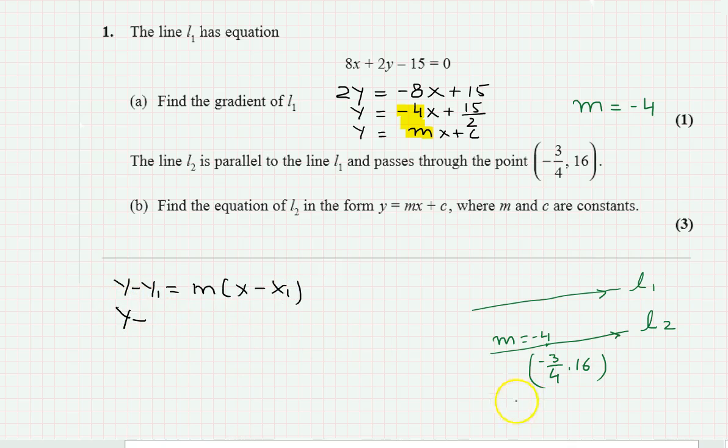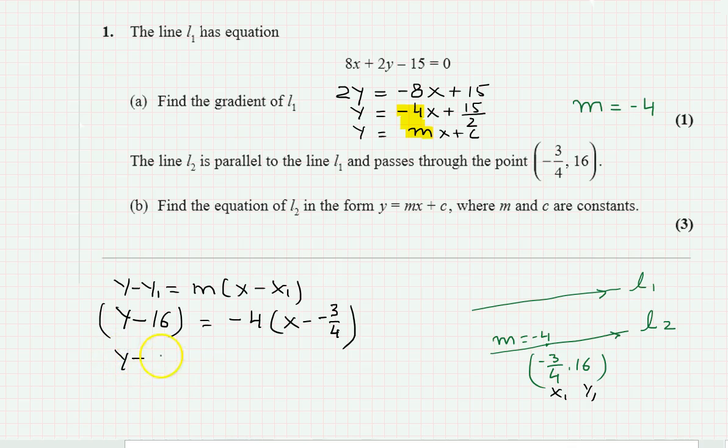This is x1 and this is y1. So y minus 16 is equal to m is minus 4, x minus x1 is minus 3 over 4.